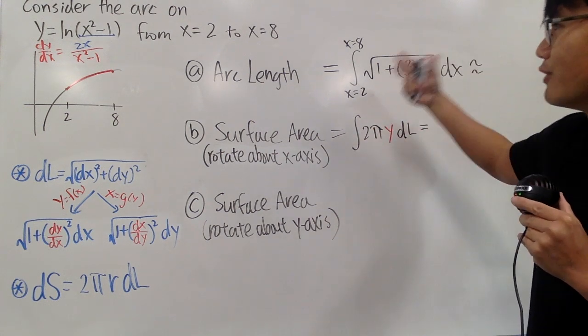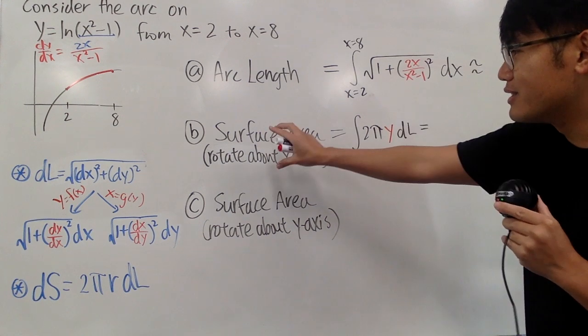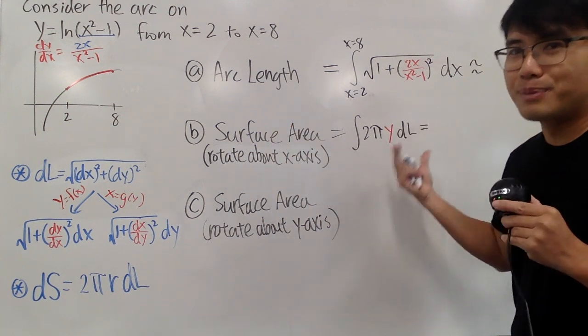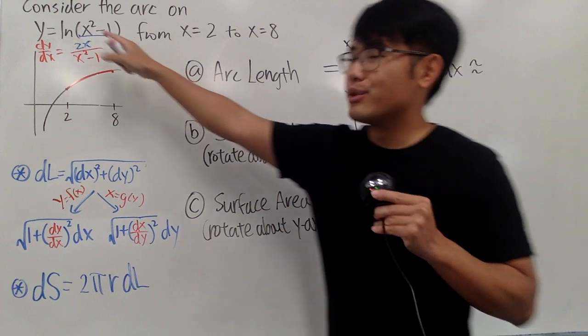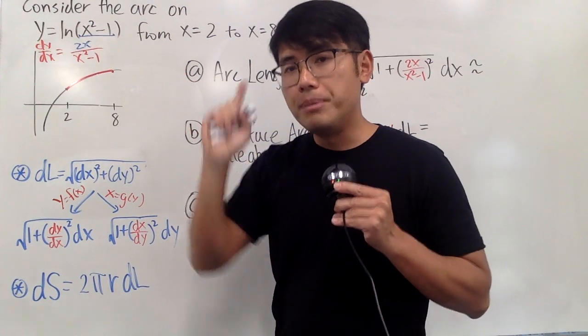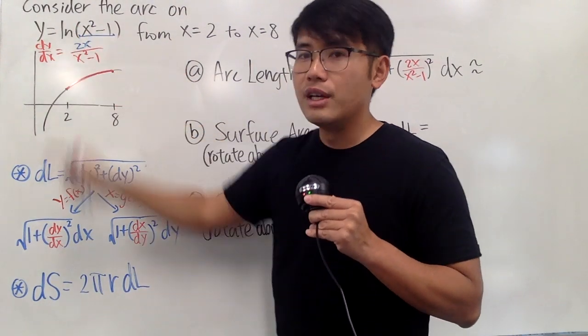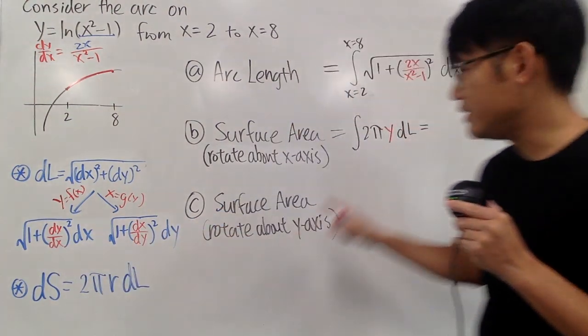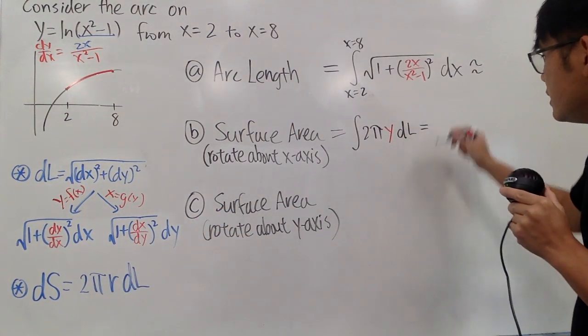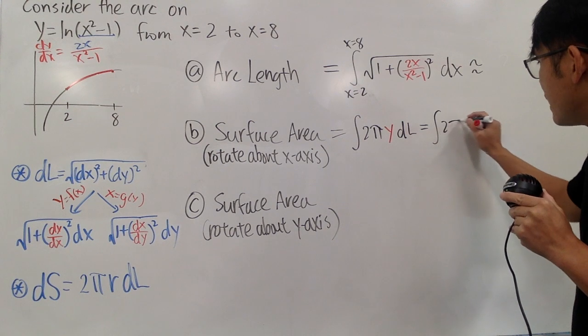Well, we have to look back to the first part. And if you are doing this question from scratch by itself, then you have to look back to see what kind of function you have. Because we have y as a function of x, we will have to use this version for the dl, right? So let's see. Integral, we have 2 pi is still 2 pi.